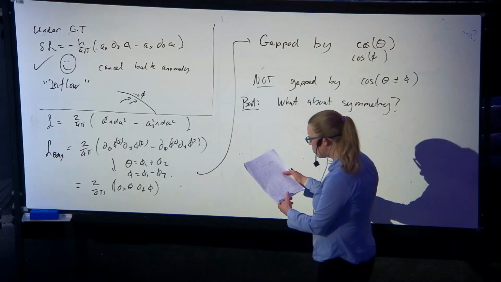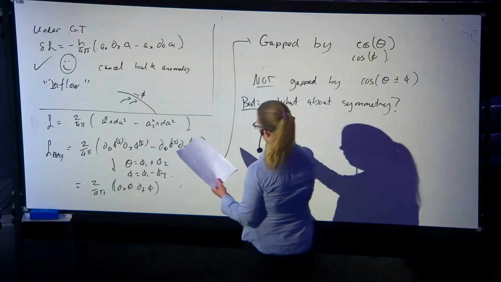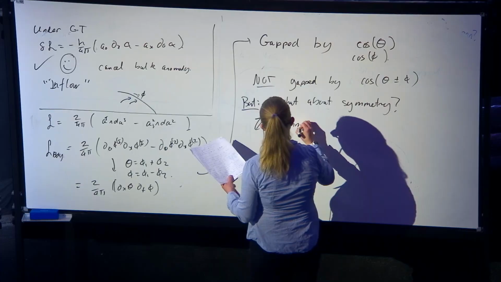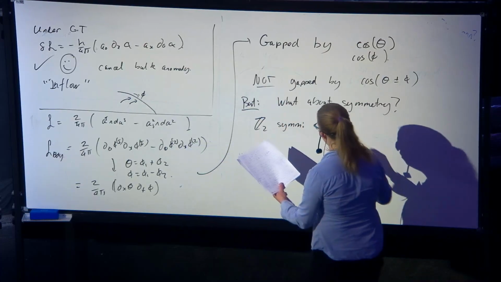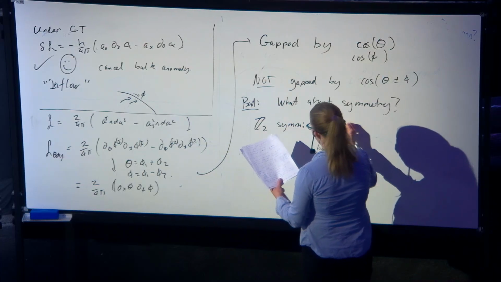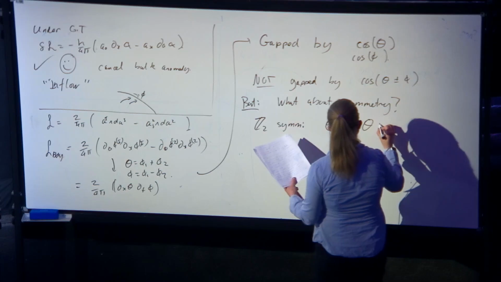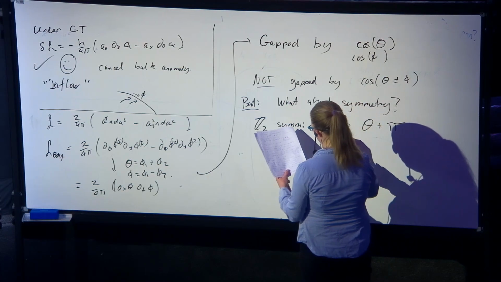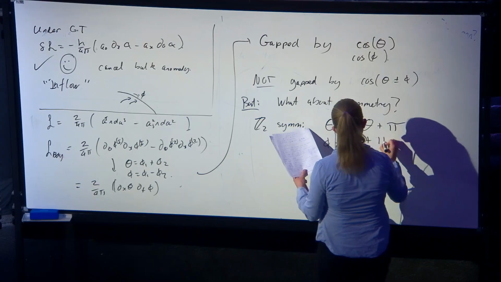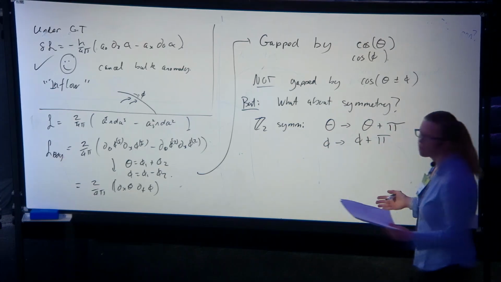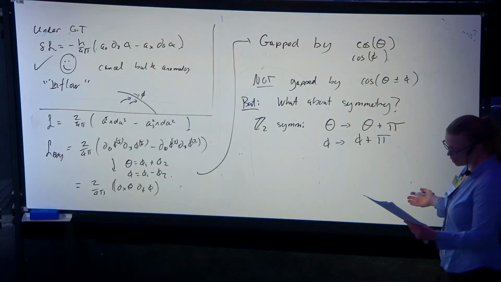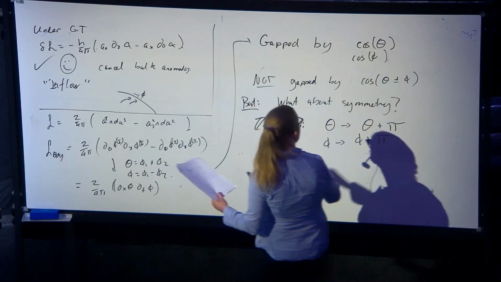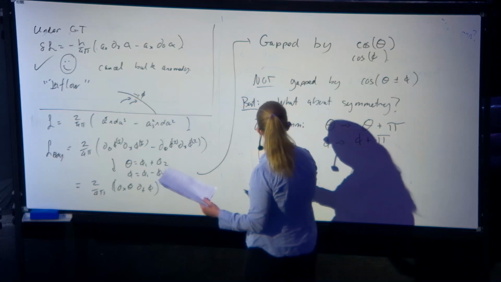So the conclusion of that is that under the Z2 symmetry, what you find is that both theta and phi actually get shifted by pi, okay?